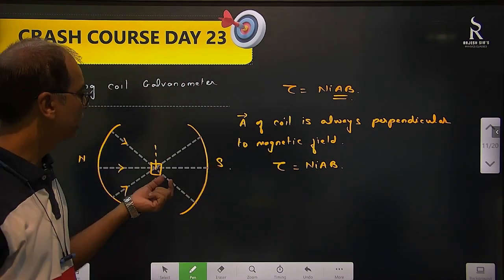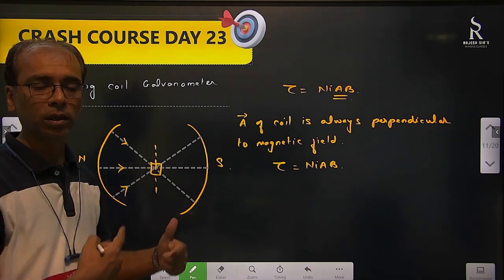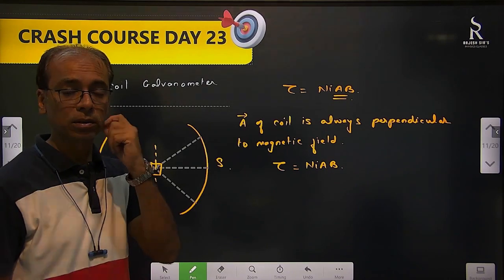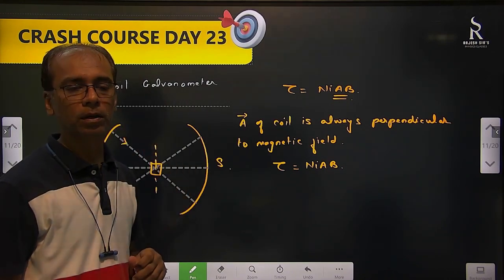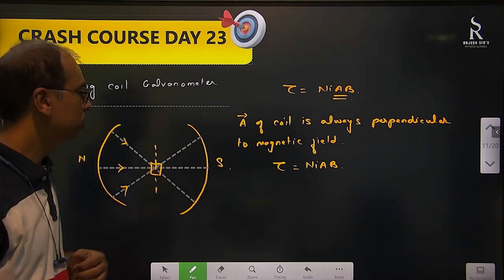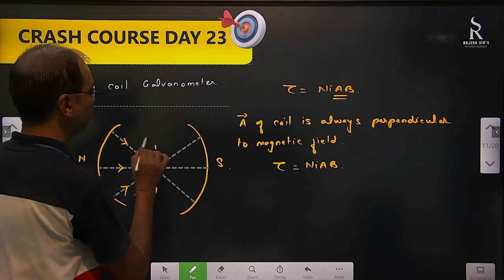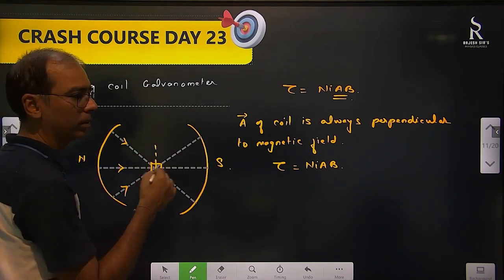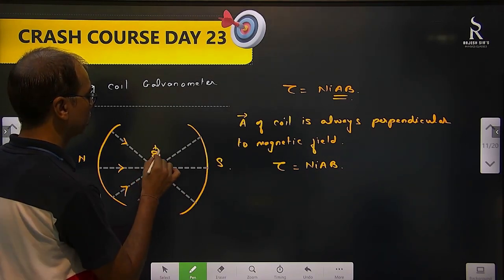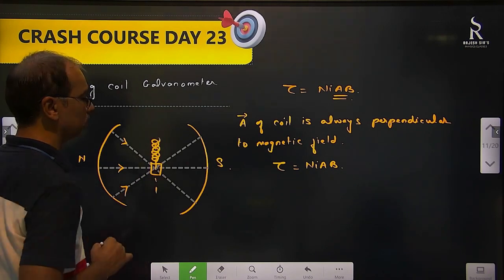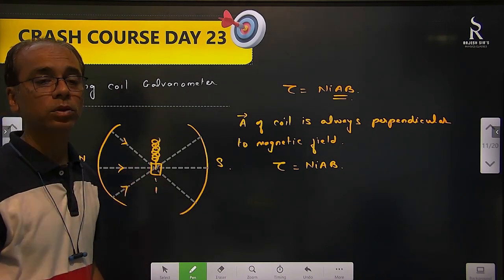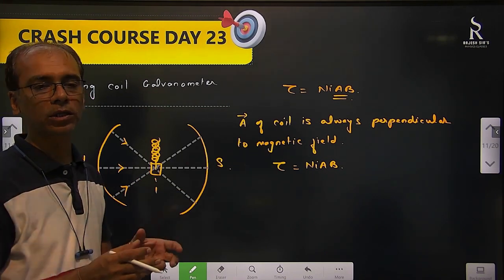Now when the torque is acting, obviously the coil will rotate. Then how will the galvanometer give us a reading? Because the deflection has to stop somewhere. So we stop it by applying a spring here, a coil spring. As it rotates, it will twist the spring, and once you twist it, the spring is going to resist.